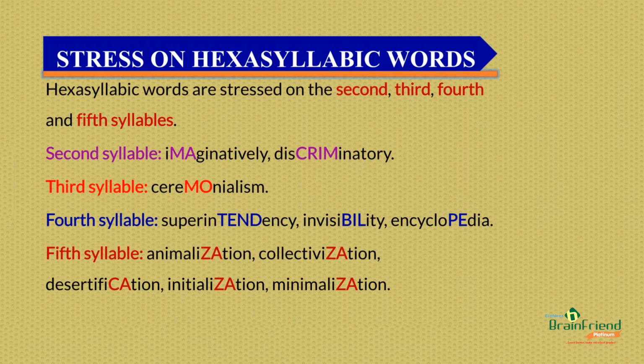For hexasyllabic words stressed on the 2nd syllable, we have words like imaginatively and discriminatory. For words of 6 syllables stressed on the 3rd syllable, we have ceremonialism. For words of 6 syllables stressed on the 4th syllable, we have superintendency, invisibility, and encyclopedia.